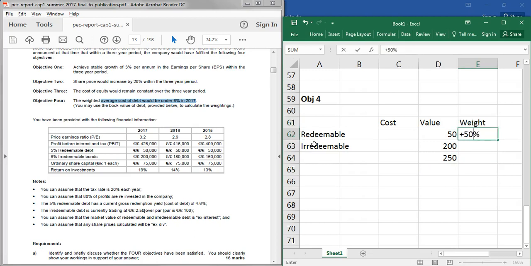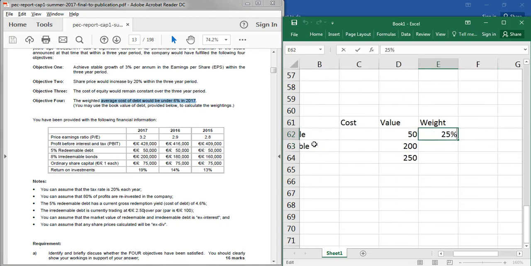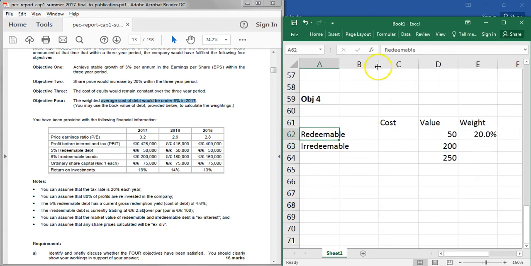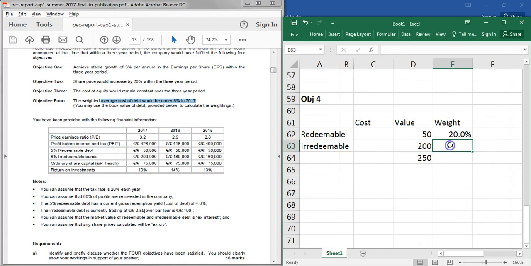So 50 over 250. 20% of that debt, or a fifth of it, is redeemable, and then of course 80% is irredeemable.